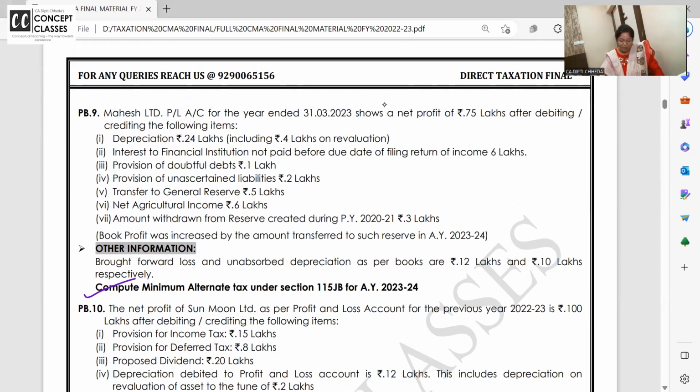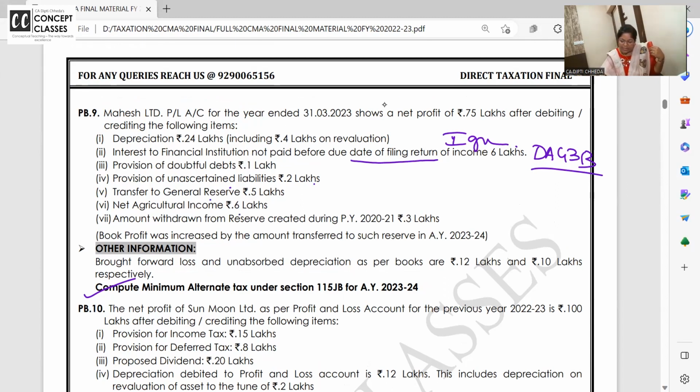Okay. So, interest on financial institutions, if you have not paid on the due date, it is disallowed under 43B. But for MAT purpose, ignore. Provision for doubtful debts, add back. Uncertain liability, add back. Transfer to general reserve is not your expense, so add back.